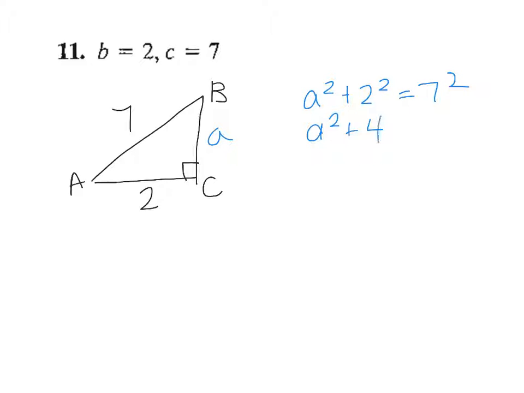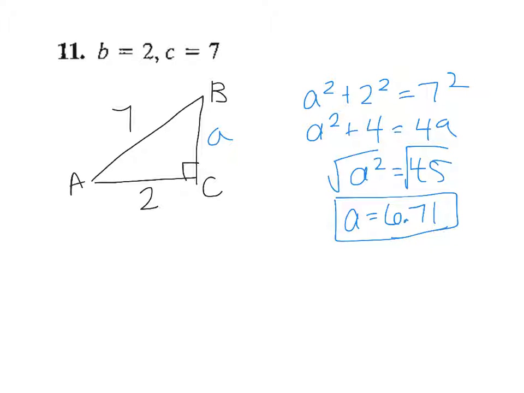So a squared plus 4 equals 49. Subtract, we get 45 and take the square root. I think your book just gives this as a decimal. You could technically simplify it as a radical and make that 3 radical 5, but I'm pretty sure your book just gives it as a decimal. So I'm going to write the decimal down. That's 6.71.